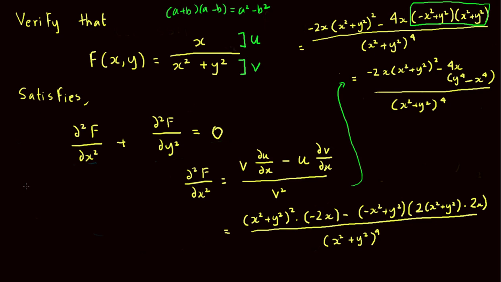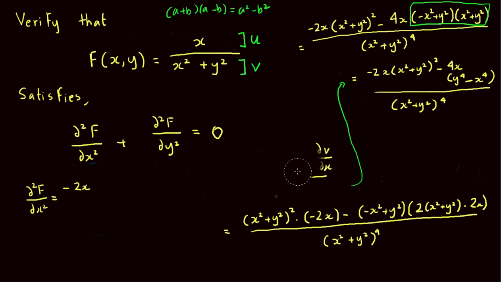Therefore, del square f del x squared is equivalent to negative 2x. Oh, I think we don't have space also. So let's erase all this real quick.